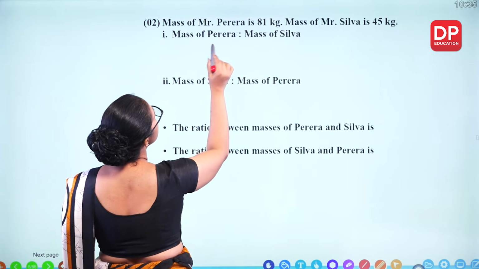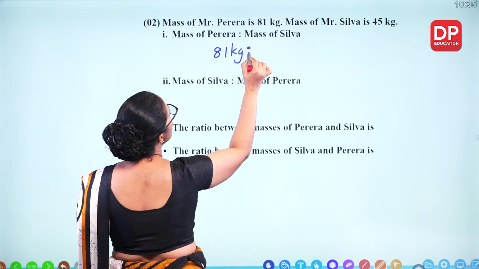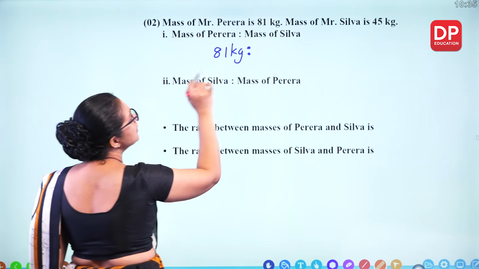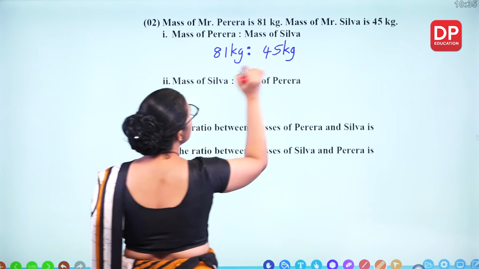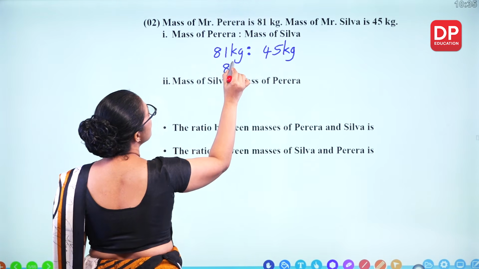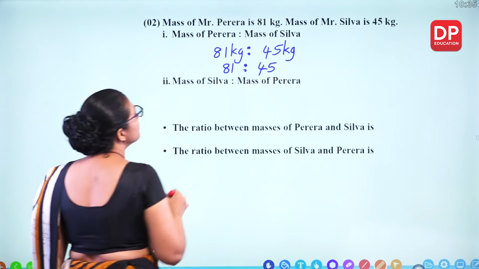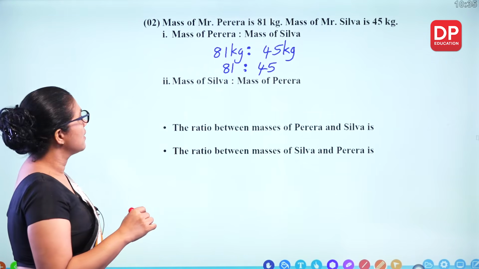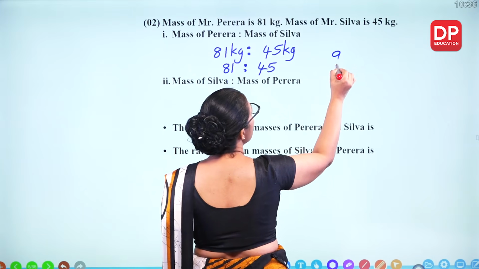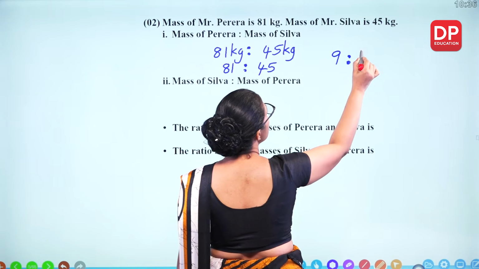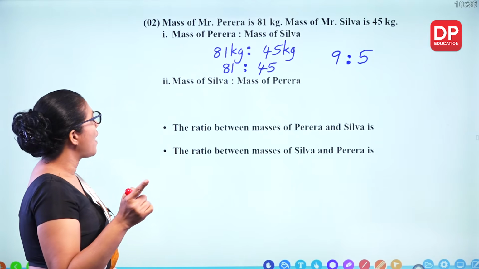So Pereira is 81 kilos and Mr. Silva 45. Both in kilograms, so you can write 81 to 45. So I can divide both sides by 9. 9 times 9, 81. 9 times 5, 45. So what's the ratio? 9 to 5.